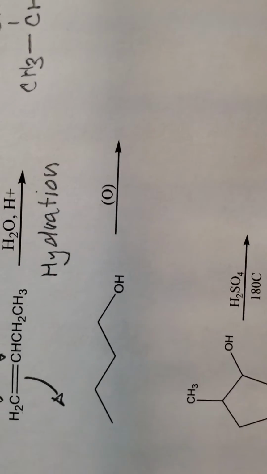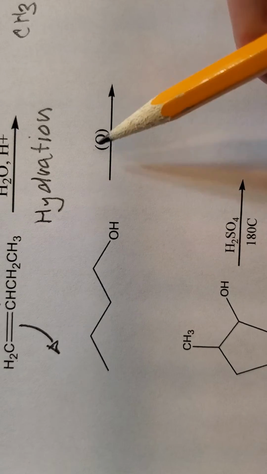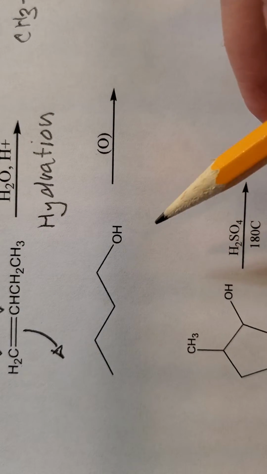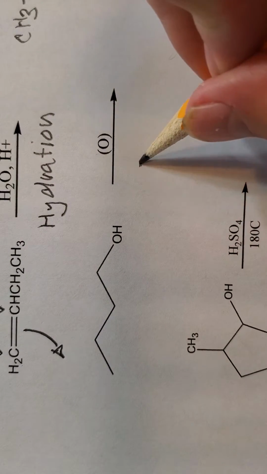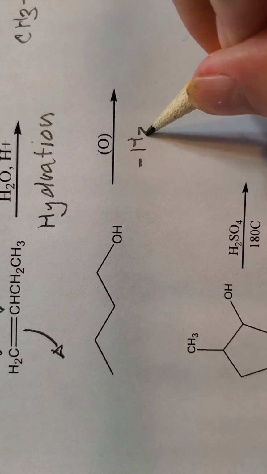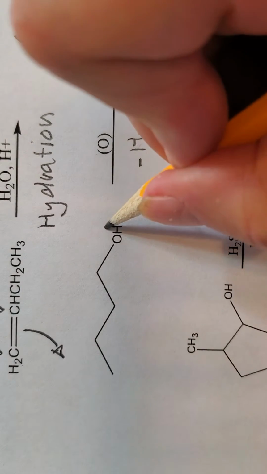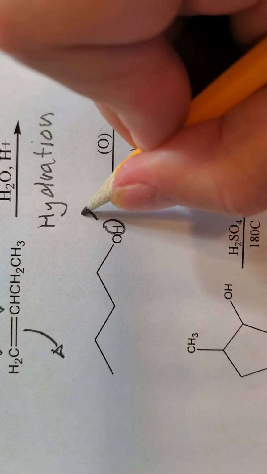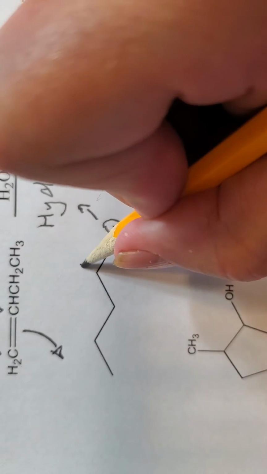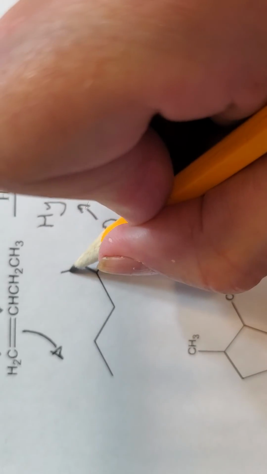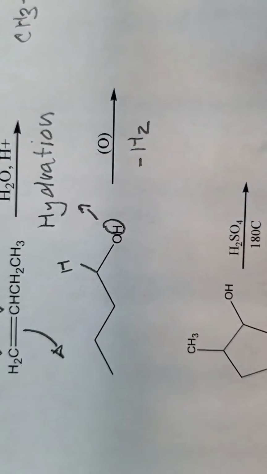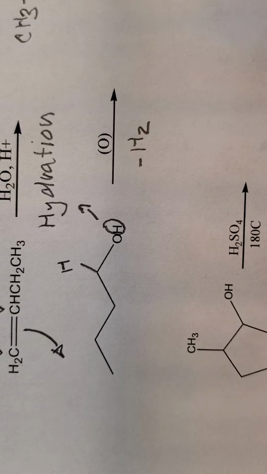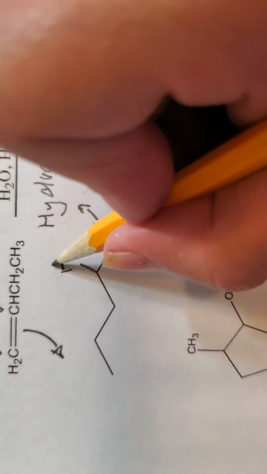Okay, here is an oxidation reaction because of that O. So an oxidation reaction involves removing 2 hydrogens. Here's one of the hydrogens we're going to remove. And here's another one that is unseen in the line angle configuration of this drawing, but we're going to get rid of it.